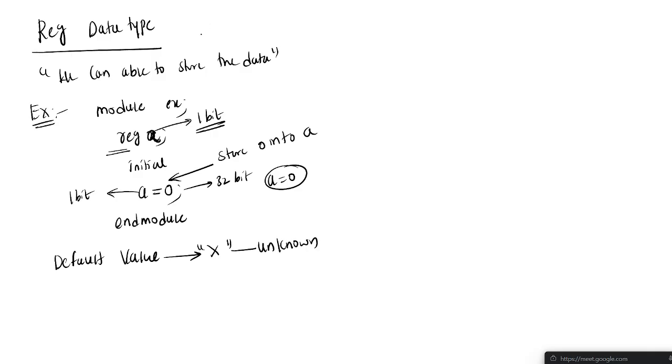Suppose here if you see, reg A, initial, A equal to 32. So what is the value of A? Reg A is one bit only, no?